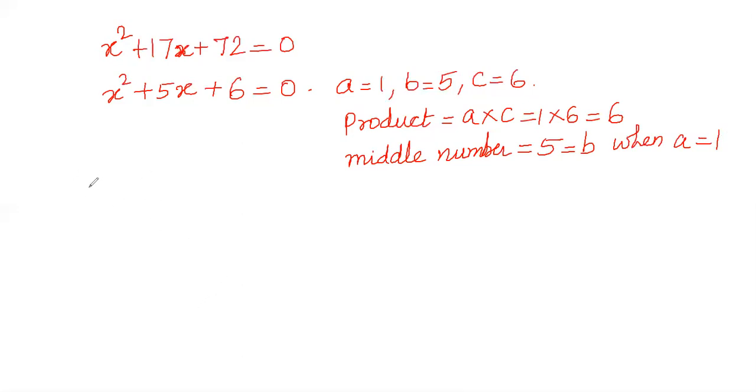So let's solve this. You know the product is 6 and the middle number is 5, so I am treating this 5 as the sum. So the sum should be 5 and the product should be 6. Now you take two factors of the product, which is 6, such that their sum is 5.